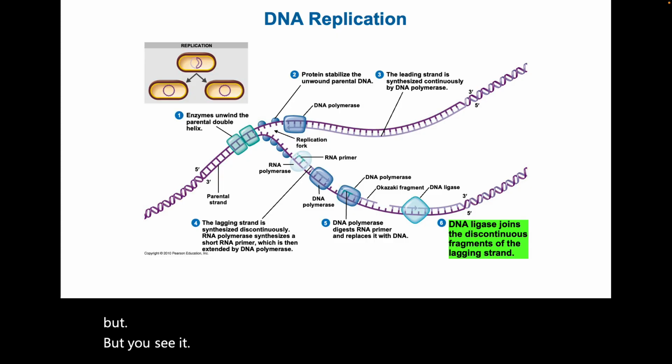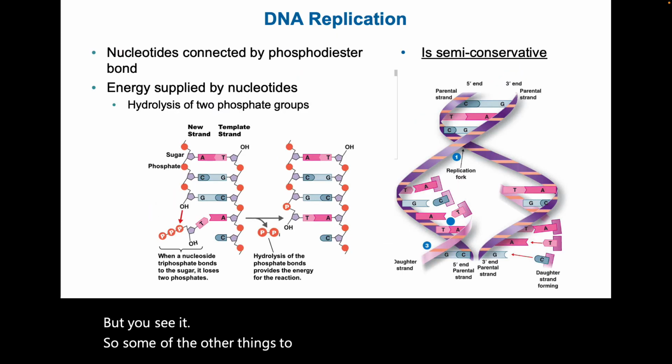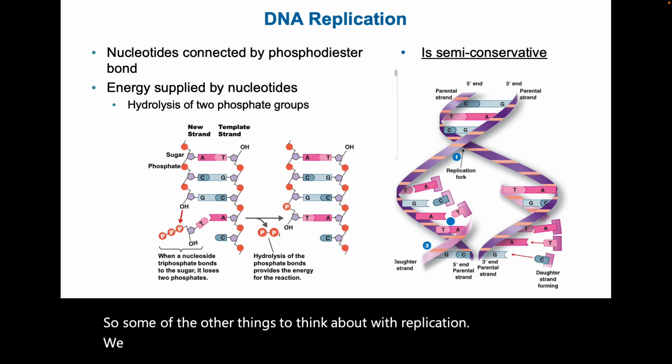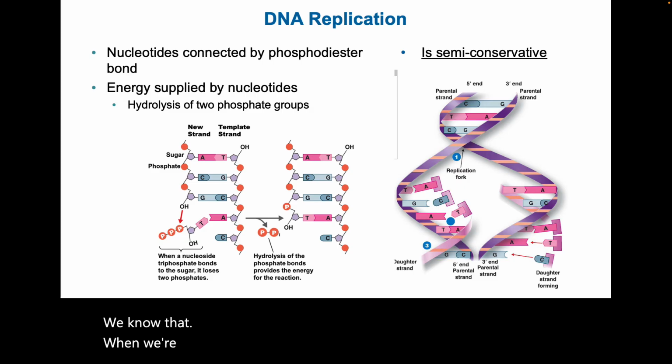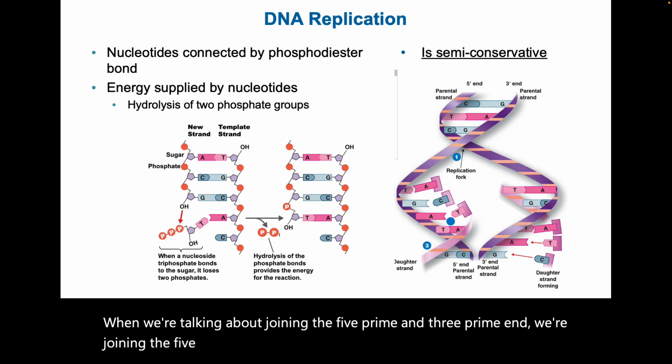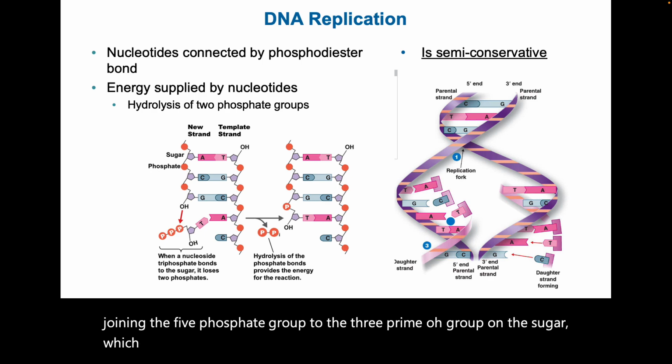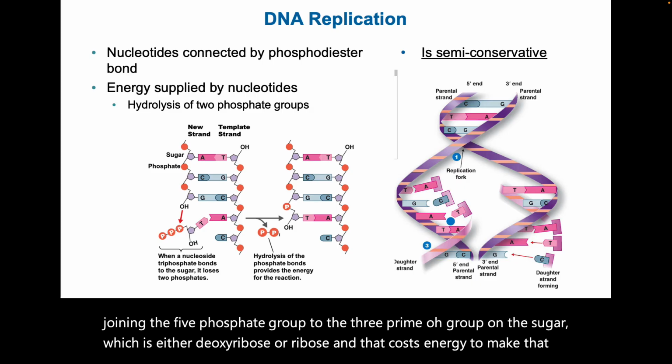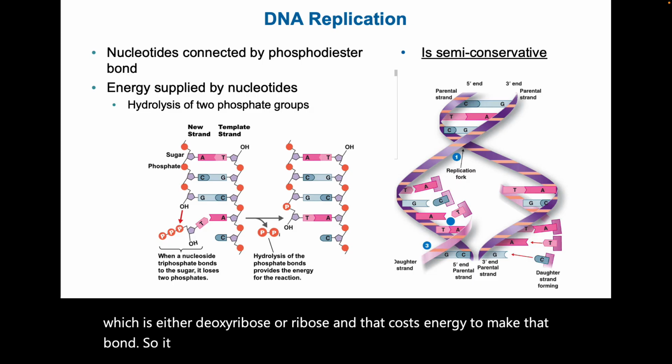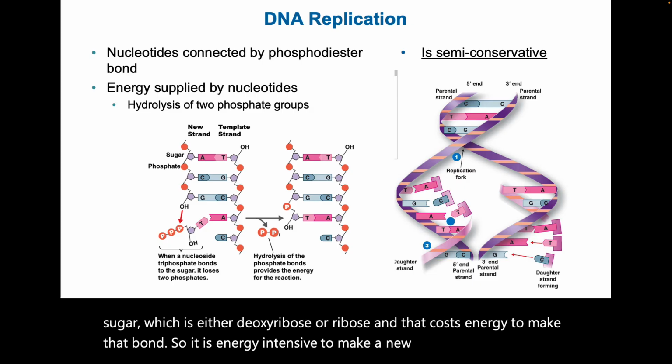So, some of the other things to think about with replication: when we're joining the 5' and 3' end, we're joining the 5' phosphate group to the 3' OH group on the sugar, which is either deoxyribose or ribose. And that costs energy to make that bond, so it is energy intensive to make a new strand of DNA or to make a strand of RNA.